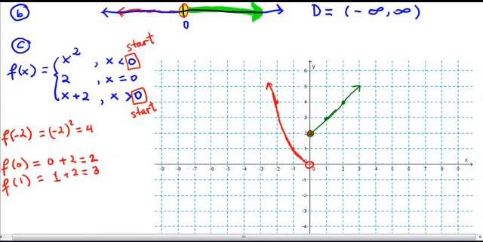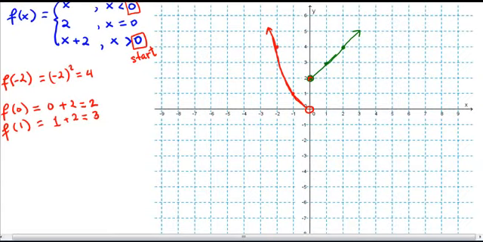So to answer part D, they ask for the range. To find the range, we look at the graph here, and it helps us read the graph and determine what the range is.